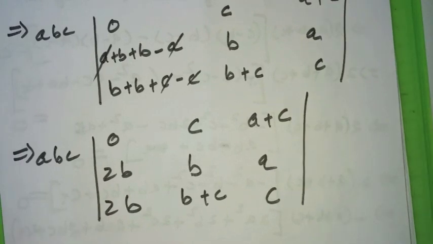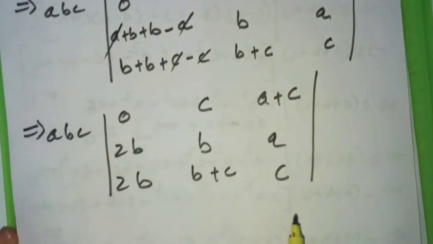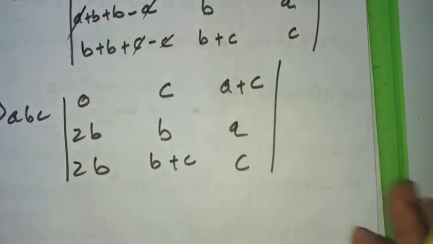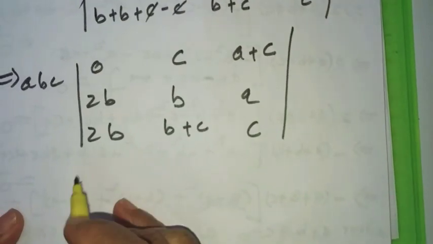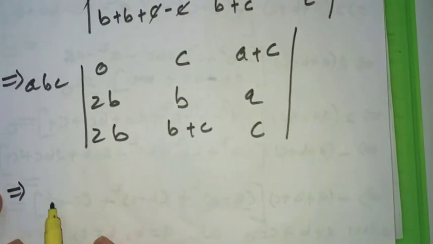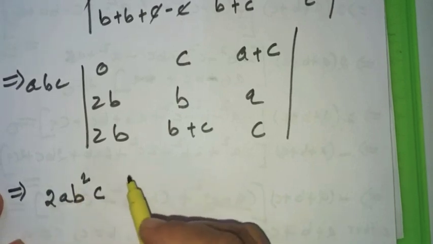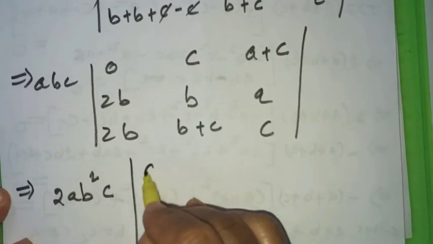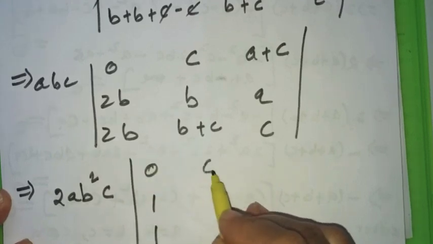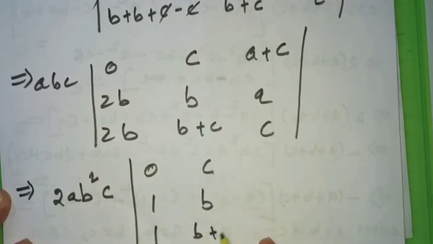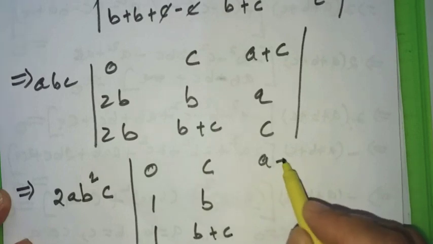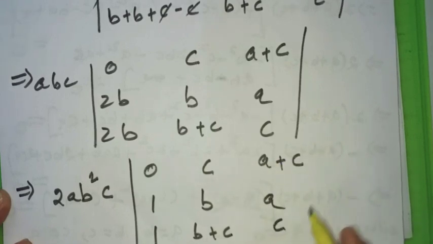Now in the next step I will take 2b common from the first column. So I will be left with, if I am taking 2b common, 2a b square c, and 0, 1, 1, c, b, b plus c, a plus c, a, c.